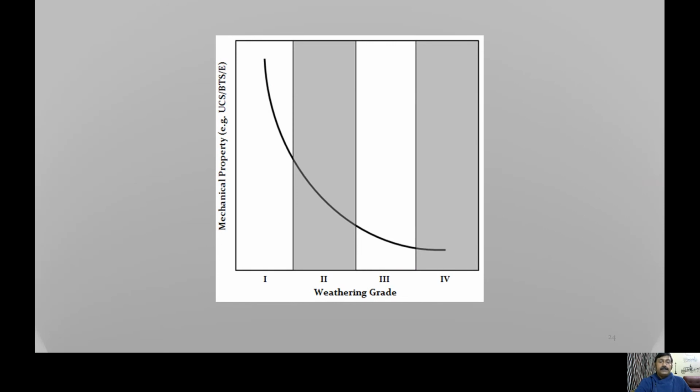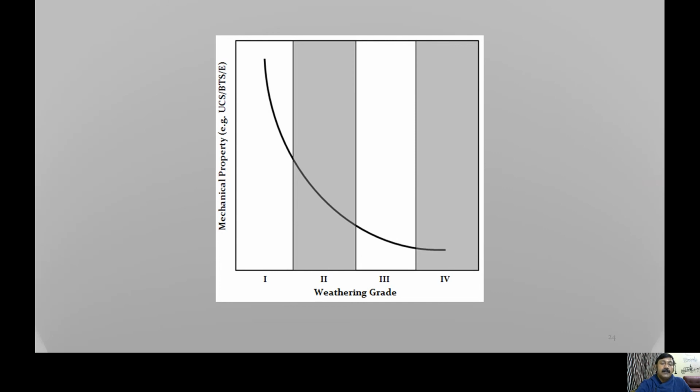When we look at the mechanical behaviors of particularly the direct mechanical properties of different rocks with reference to weathering grades, we can see that at the first stage, or at the initial stage of weathering, the absolute drop of mechanical properties is sharper than it is at the subsequent stages.